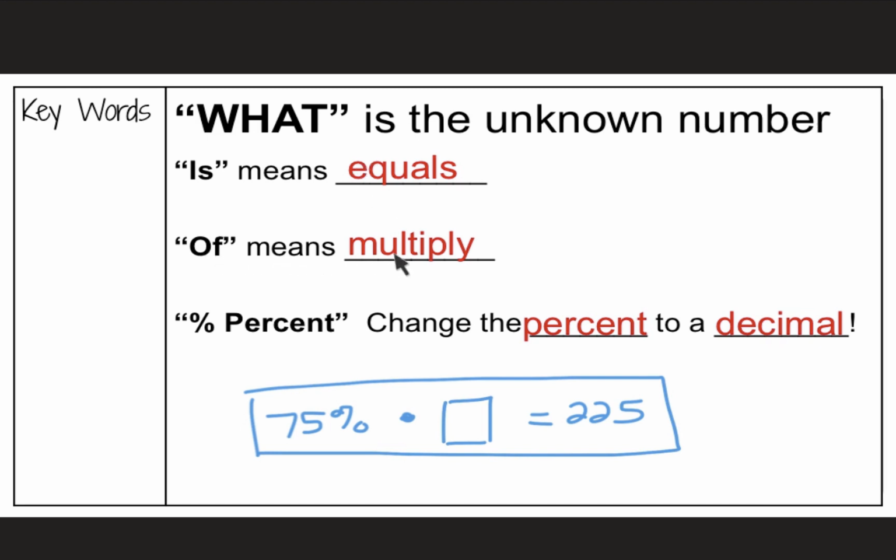Of means multiply. When you're taking a value of another value, of means multiply. We talked about that a lot lately, haven't we? And percent, when we're working with percent, this symbol, this word, we're going to change the percent to a decimal.